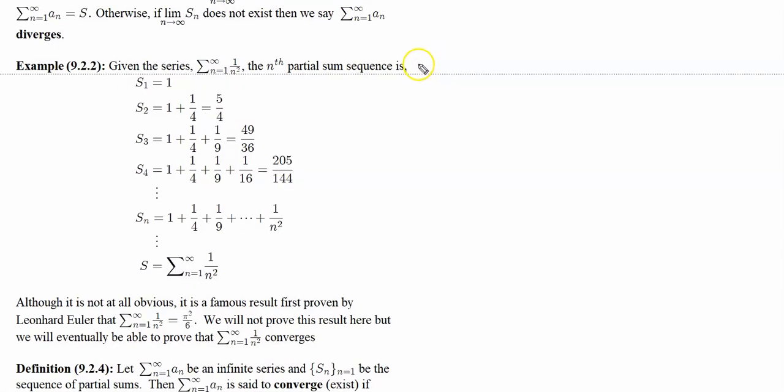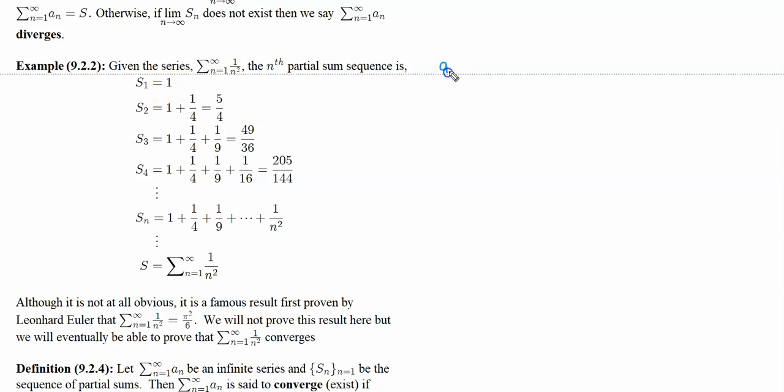Now here we have an example illustrating what these partial sums might look like. Let's consider the series, the sum from 1 to infinity of 1 divided by n squared. So this would be the sum of the reciprocals of the positive integers squared. S1 is going to be the very first term in the an sequence.